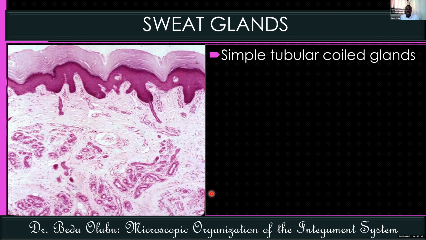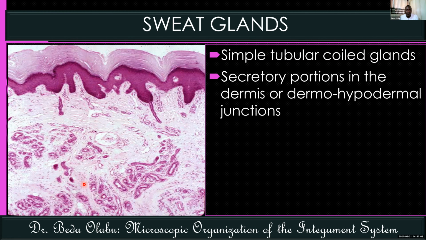Sweat glands are usually simple tubular coiled glands. The term simple means that the gland is not branching, but they are usually coiled. And that's why in cross-section, they'll appear like tubular structures which have been cut in cross-section. These are sweat glands.